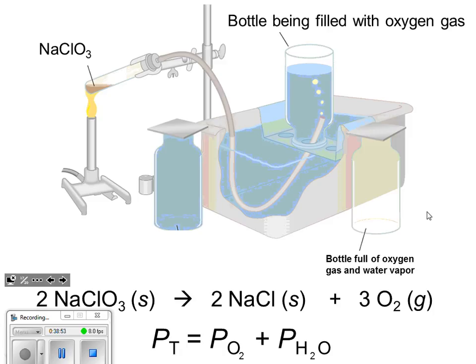So PT equals P sub O2 plus P sub H2O. So if I take the partial pressure of water and the partial pressure of oxygen, I get the total pressure. Make sense so far?